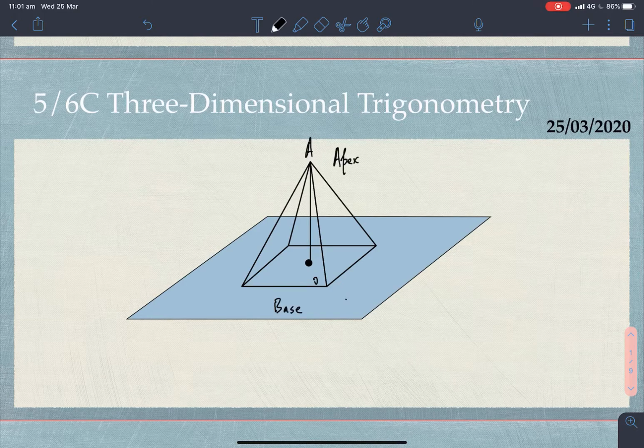Because the line AO is perpendicular to the surface, it is perpendicular to any line on the surface. That is the difficult concept here. Let's call these B, C, D, E. AO is perpendicular to BC, BE, DE, and CD.